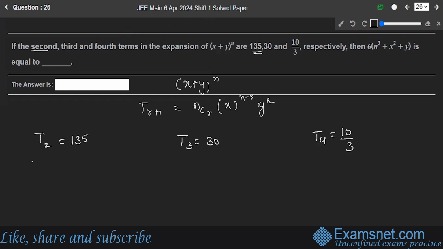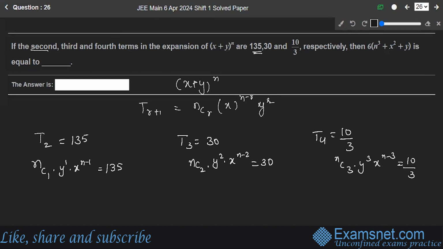According to this, nC1 y^1 x^(n-1) = 135, nC2 y^2 x^(n-2) = 30, and nC3 y^3 x^(n-3) = 10/3.